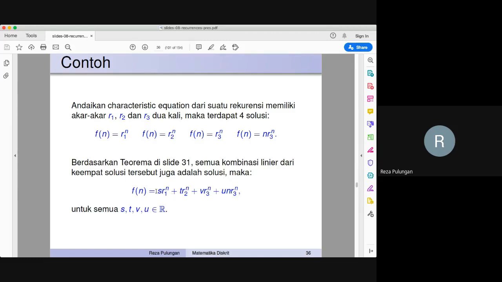What is the linear combination? S multiplied by this one, plus T multiplied by this one, plus V multiplied by this one, plus U multiplied by this one. All of this will be a solution for all possible S, T, V, and U.